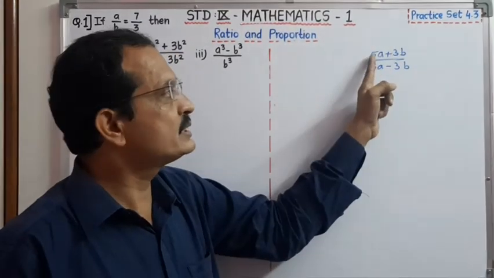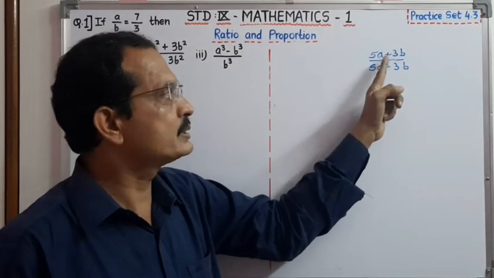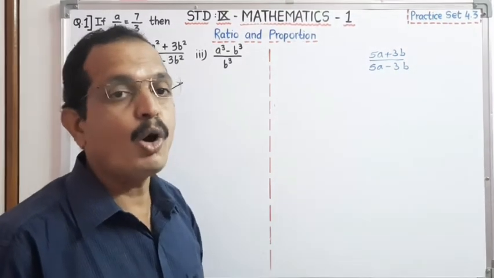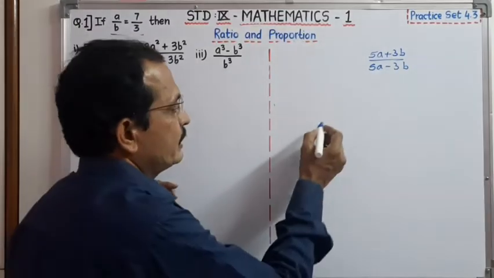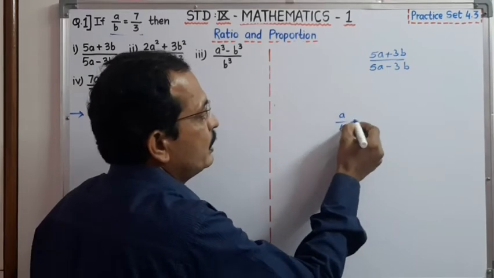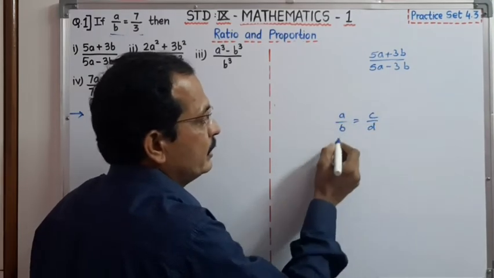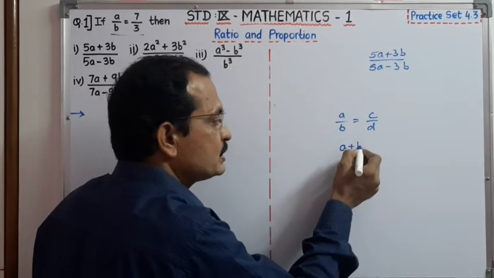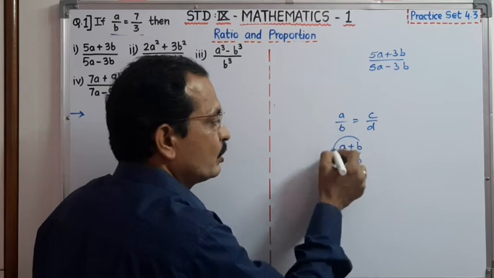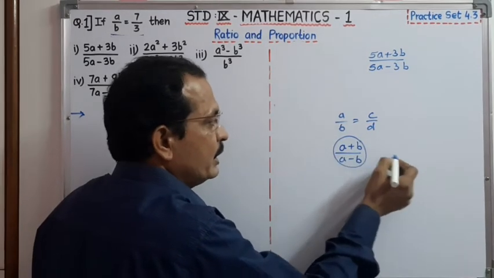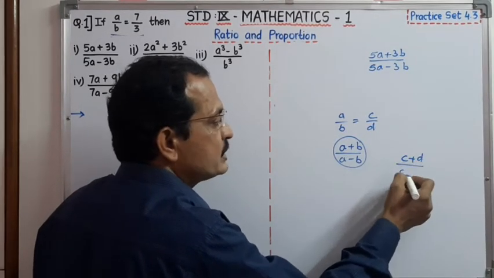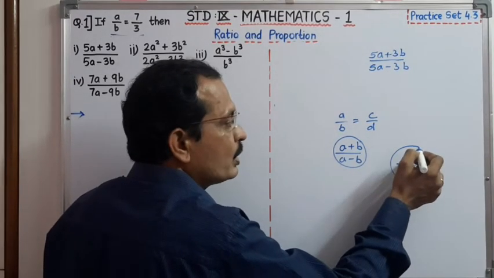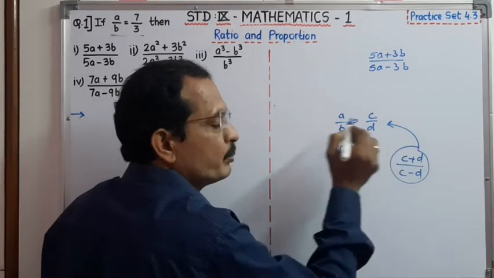In this case, we see 5a plus 3b, and here it is minus, therefore it is componendo-dividendo. But on which ratio? If a upon b is equal to c upon d, then if we do componendo-dividendo, it is (a plus b) upon (a minus b). Got it? That means if (c plus d) upon (c minus d) is there, then from this we can find out the original ratio, it is c upon d.